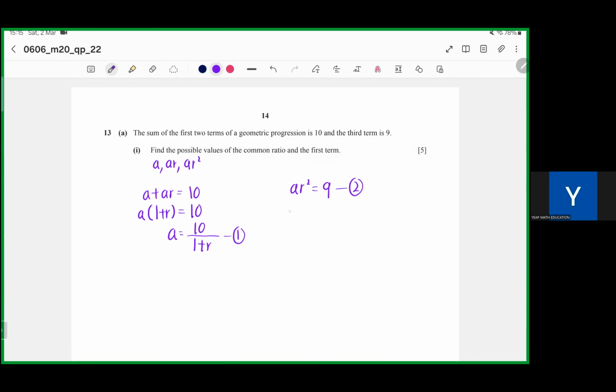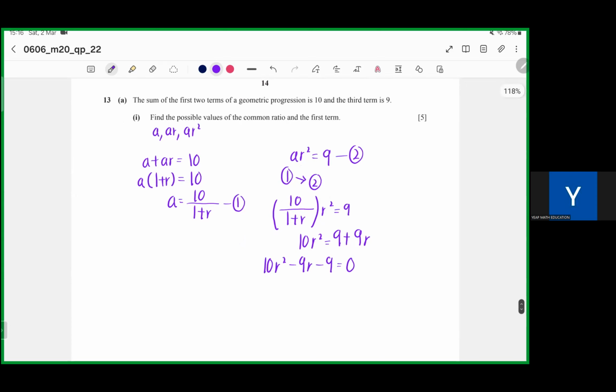So I take the first equation and put it into the second equation here. 10 over 1 plus R, squared, times R squared equals to 9. So we will get 10R squared equals to 9 plus 9R. So 10R squared minus 9R minus 9 equals to 0.